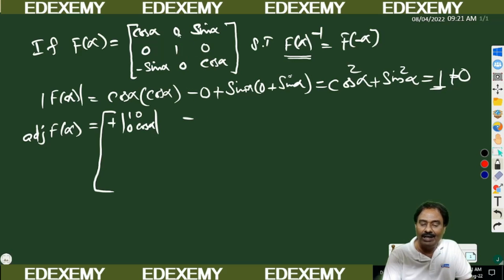For 0 you leave the row and column, you will get 0 0, minus sin alpha cos alpha. Now, the third one plus, for this sin alpha leave that row and column, you will get 0 1, minus sin alpha 0.